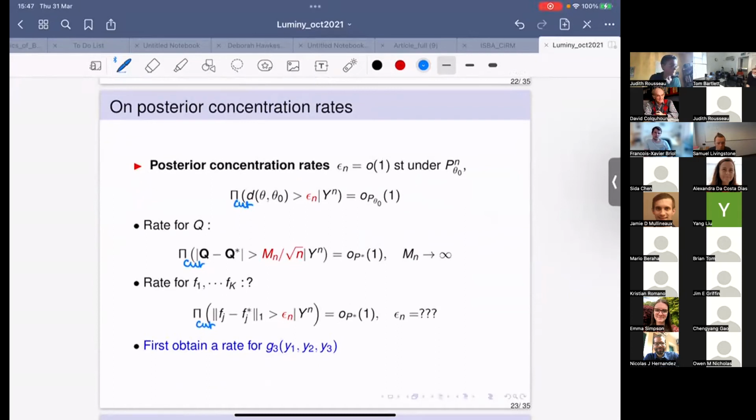And for that, the problem is that I can use the result of Elodie Vernet, which gives me some contraction rates on the G functions, on the densities of the observations, and not on the densities of the observations given the states, which are the conditional density, the emission densities. But that's my first result.